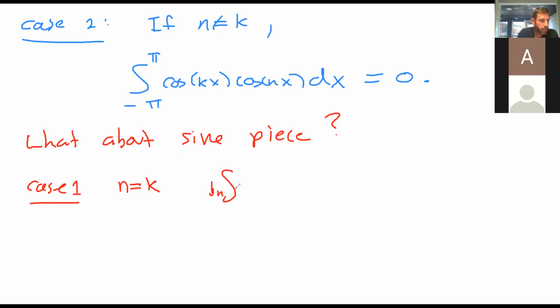Well, it's b sub n, negative pi to pi, and we have a cosine of kx and then a sine of nx, but let's write that as the sine of kx dx.